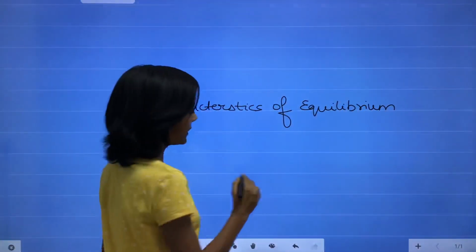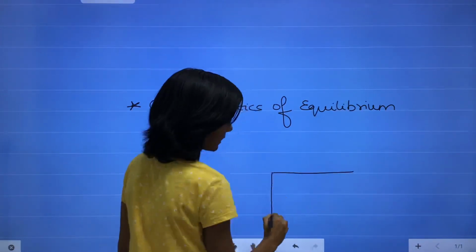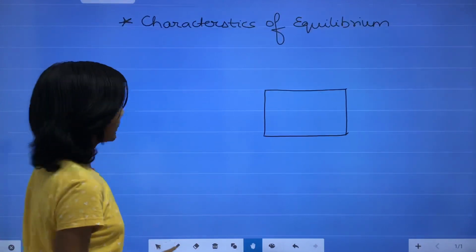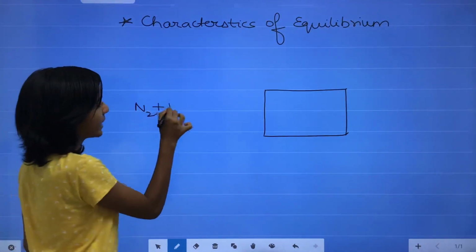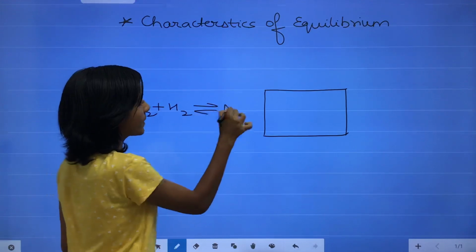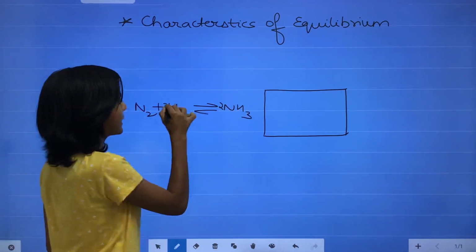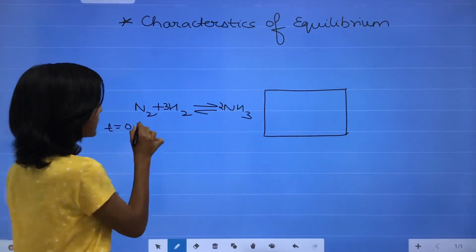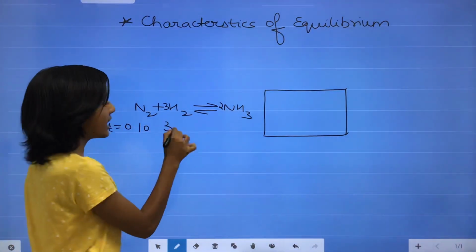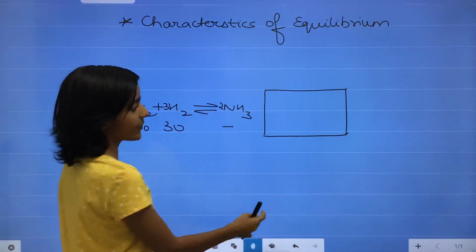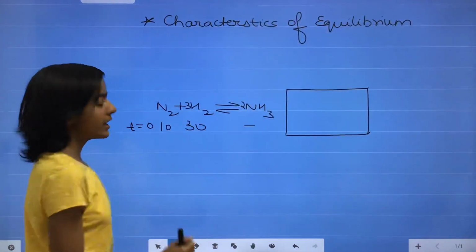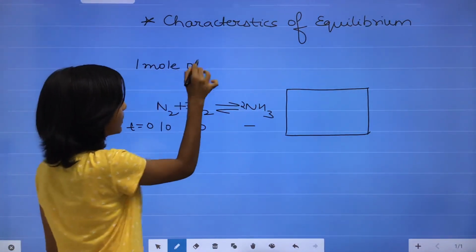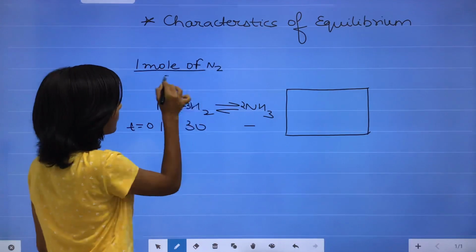Suppose we take a container, and in this container we take nitrogen and this reacts with hydrogen and forms ammonia. First we balance this, so the reaction is balanced, and initially at t equals 0, we take nitrogen as 10 moles, hydrogen as 30 moles, and ammonia is not formed. We assume that 1 mole of nitrogen reacts per second.